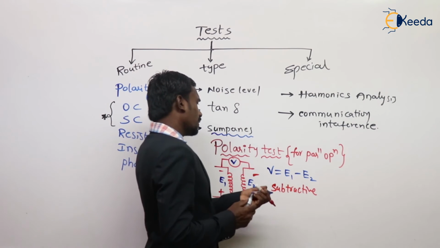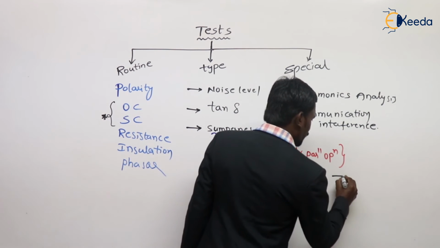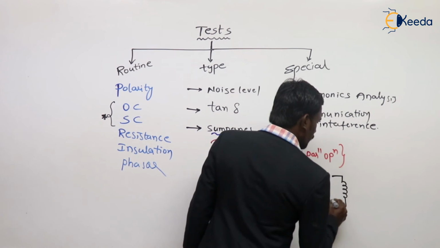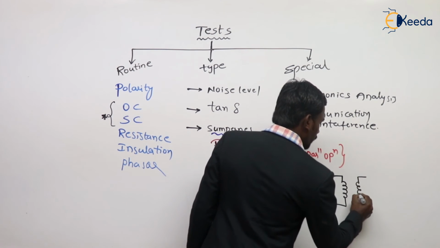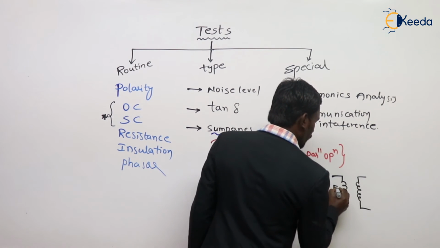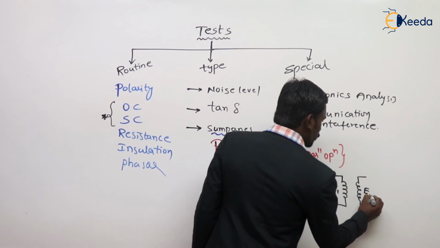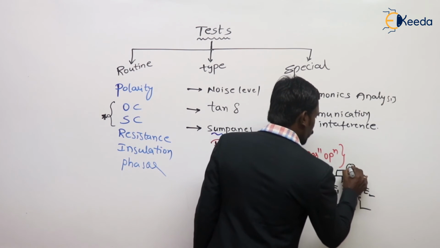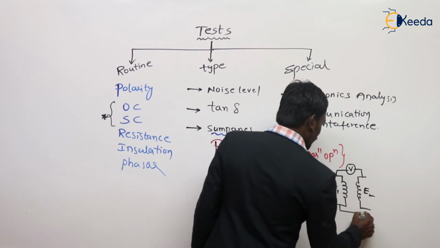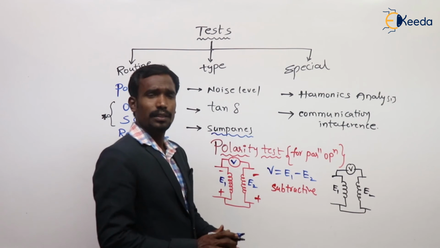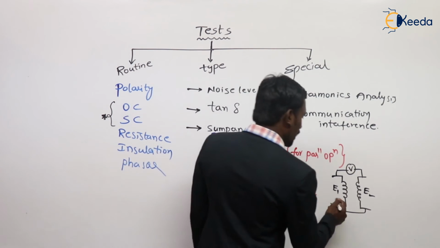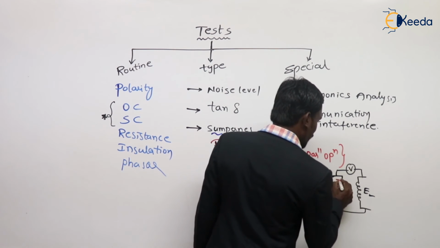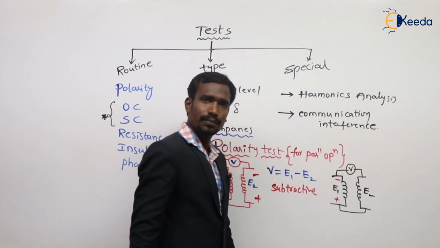For example, now take another transformer whose EMFs are E1 and E2. I connected one voltmeter here. And I know its polarity, for example, plus minus.